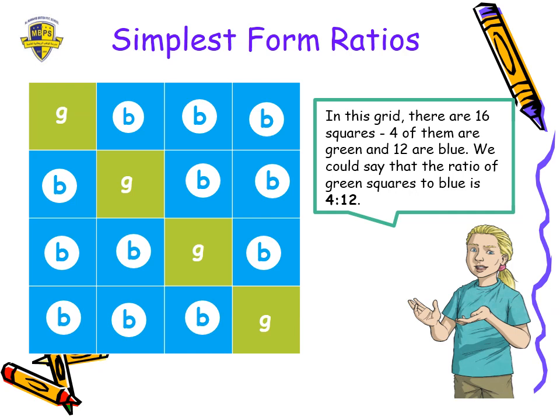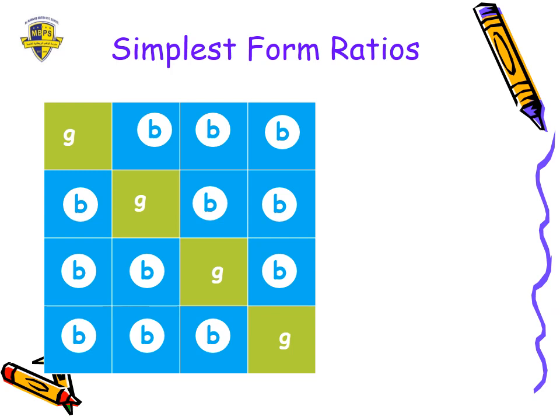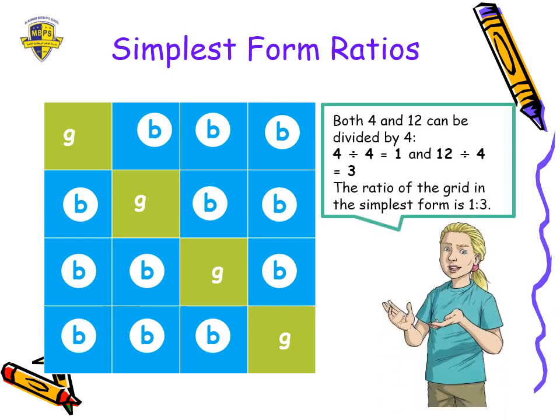Can I say it's 1 to 3 or no? What do you think? Good. Yes, we can say this is 1 to 3 and we call this the simplest form. How, without drawing, can we find the simplest form? 4 to 12.